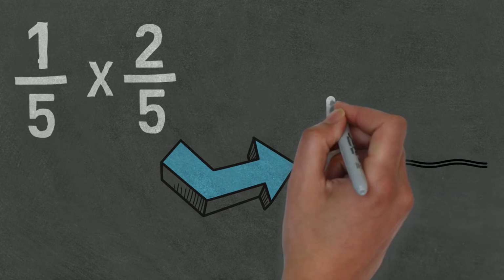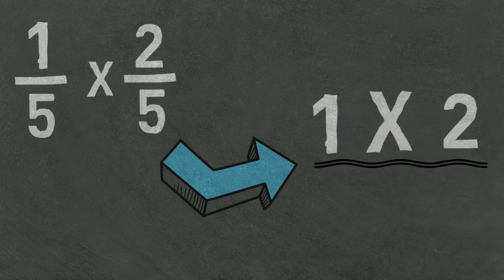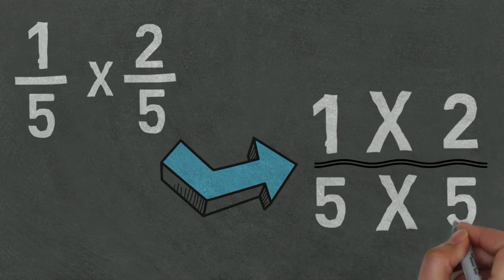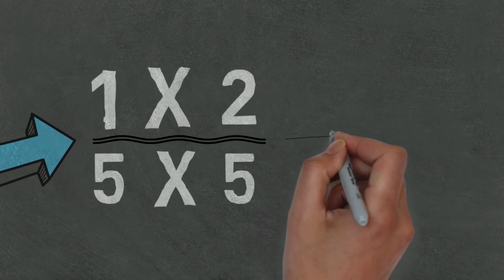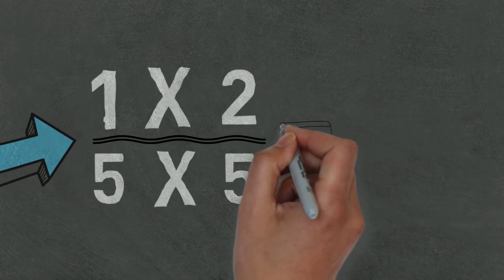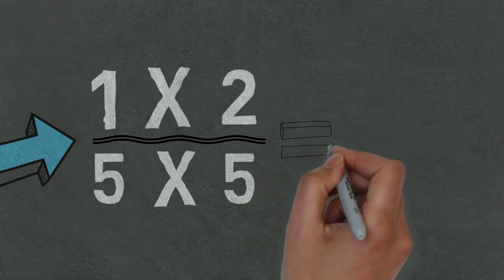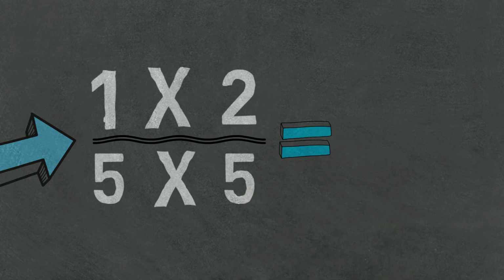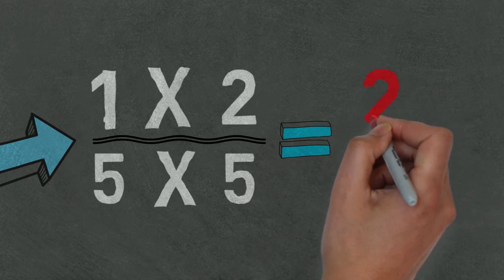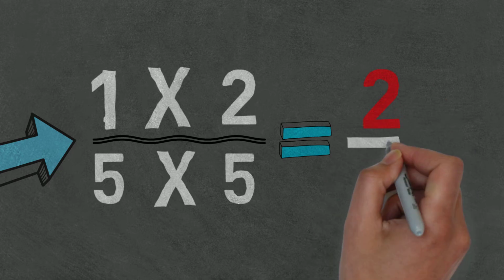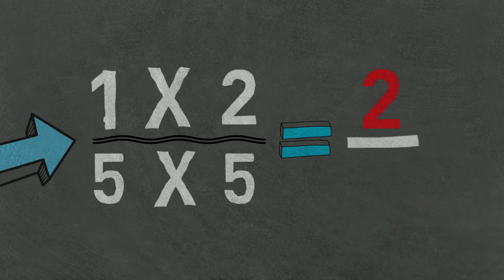And since we know they get along so well, we can rearrange the question like this and make one big fraction with two multiplication problems on top and below. In fact, if we go ahead and do these multiplications, on top we will get 1 times 2, which equals 2, and underneath 5 times 5, which equals 25. And we still end up with a fraction. And guess what? It's the answer to our problem, 2/25.